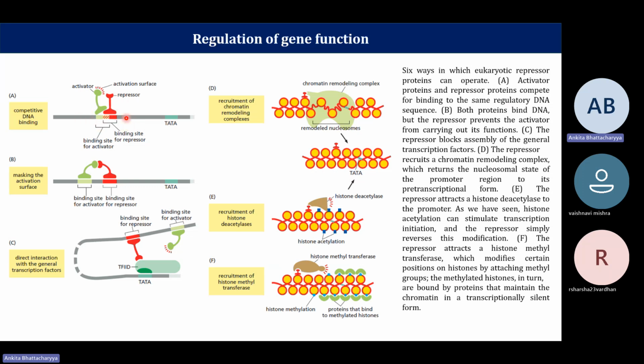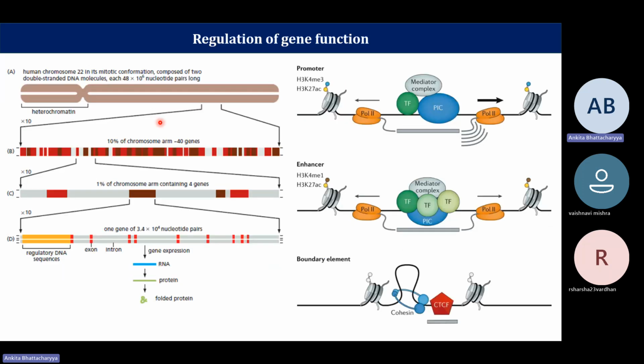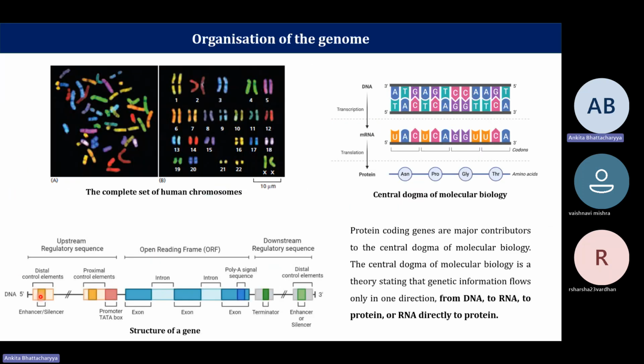Again, if you remember one of the previous slides, the distal control elements, which are present either 5' or 3' of the gene of interest, you can find enhancer or silencer sequences, which indicates that they might possibly have competitive DNA binding at this site for enhancer and silencer proteins. Depending upon which is able to bind, which depends upon the abundance of the same within the cell and the kind of situation that the cell is in, the expression of a gene may be enhanced or may be silenced.